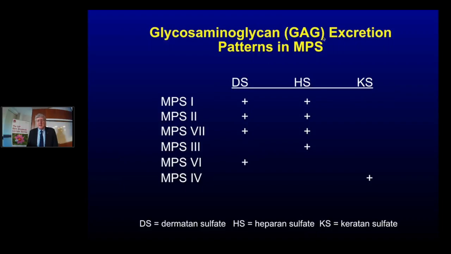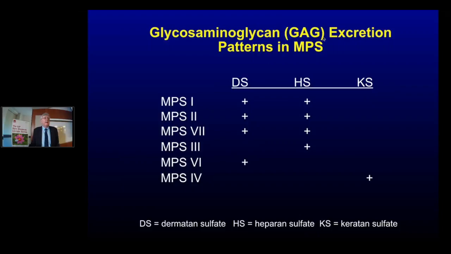And that's because in MPS VI, you don't store heparan sulfate, which primarily occurs in the central nervous system. Sanfilippo syndrome only stores heparan sulfate, and it's an example of a progressive neurologic disorder without any other involvement.